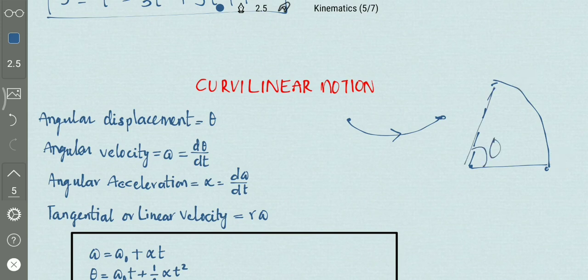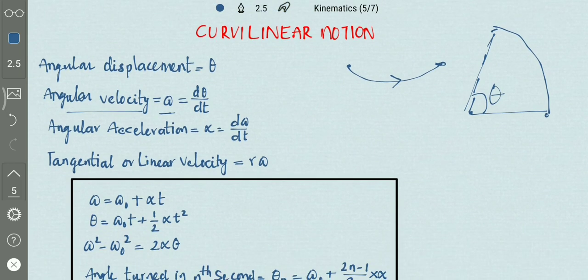This theta is called angular displacement, and the rate of change of angular displacement is called angular velocity, which is dθ/dt, and it is represented with omega. And angular acceleration is the rate of change of angular velocity, represented with alpha.